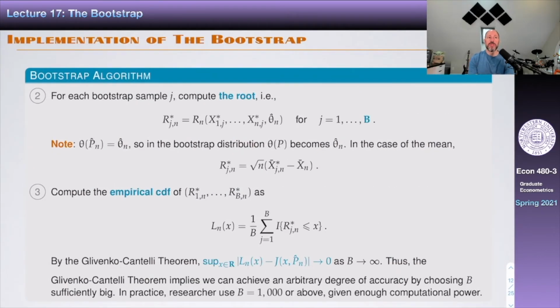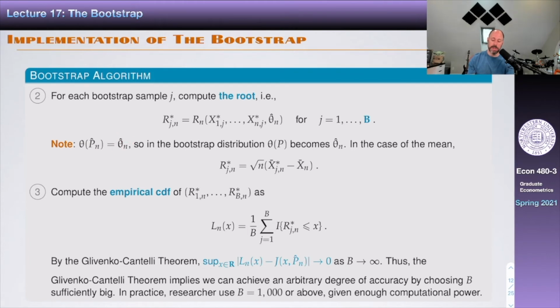Step 2: for each Bootstrap sample j, you're going to compute the root that you have again. Remember, data in the Bootstrap world comes from the distribution p hat. And so in the Bootstrap world, on these samples you're taking, the true theta is theta of p hat, which is theta hat. For example, if we're talking about the mean, as in this case, this is going to be the sample mean.